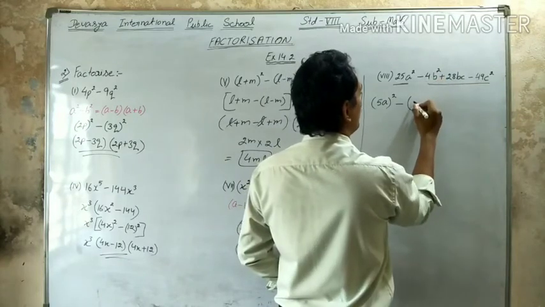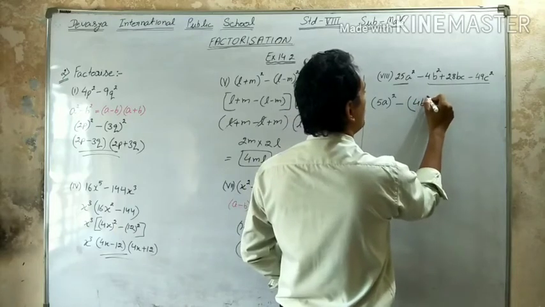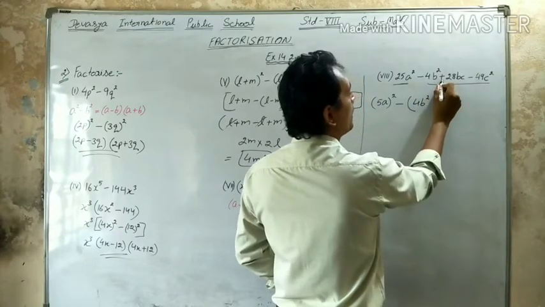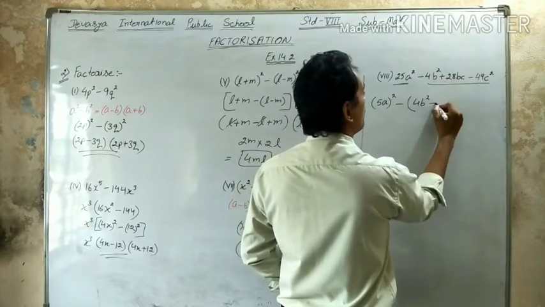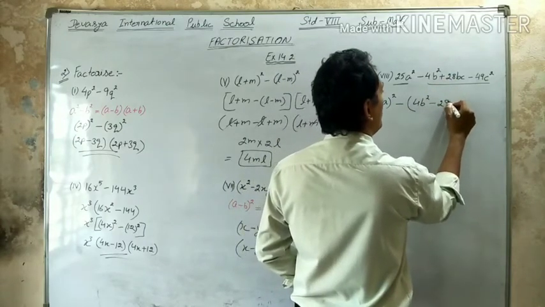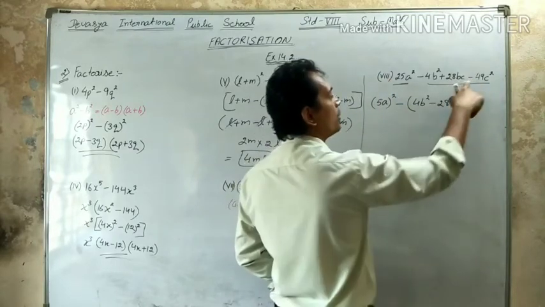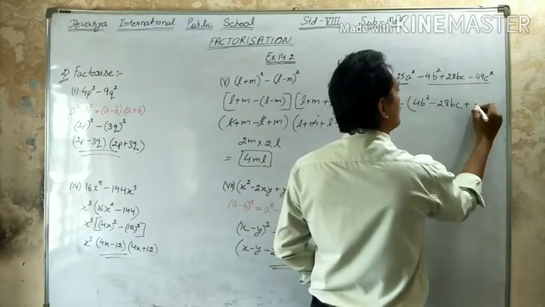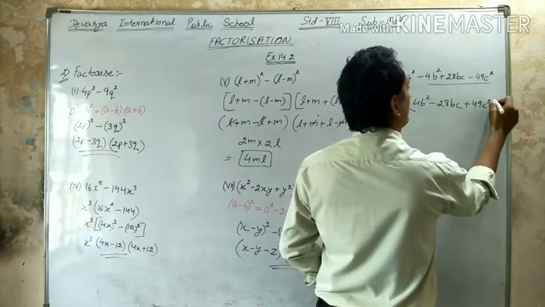So let's write it. Minus we have taken common, so we have 4b square. This is plus, because we have taken minus common outside, so this plus becomes minus 28bc, minus again we have taken common, so here we get plus 49c square.